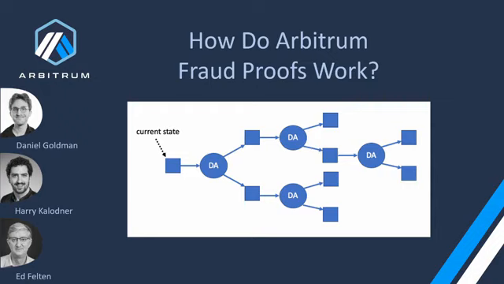In addition to saying what the result is after 10 to the 10 steps, he has to break that up into 100 pieces that are 1/100th as large. So he posts what the state root is after 10 to the 8, 2 times 10 to the 8, 3 times 10 to the 8 steps, and so on. He's taking his 10 to the 10 step assertion and breaking it into 100 assertions, each 1/100th as large.